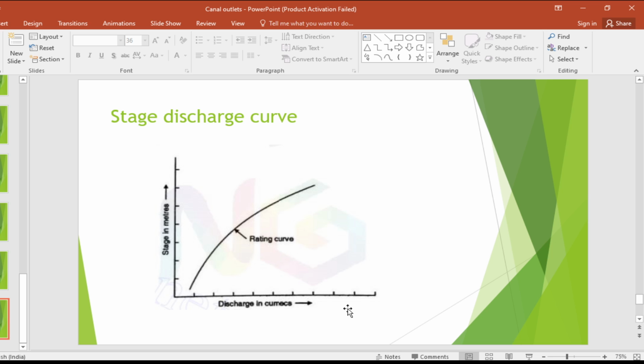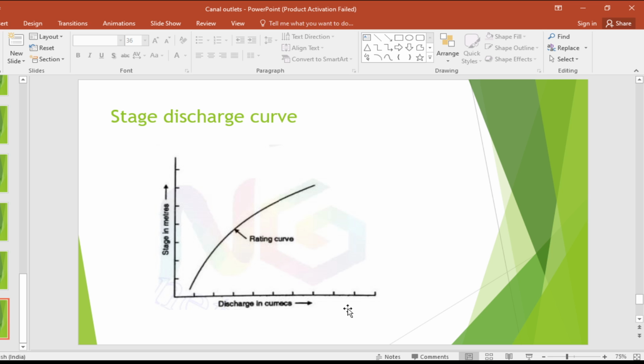Once this stage discharge curve or depth discharge curve is plotted, it can be used for finding out the discharge at any subsequent period by measuring the stage. Whenever we plot this curve, we can find out the depth in any subsequent period and tell the discharge accordingly.